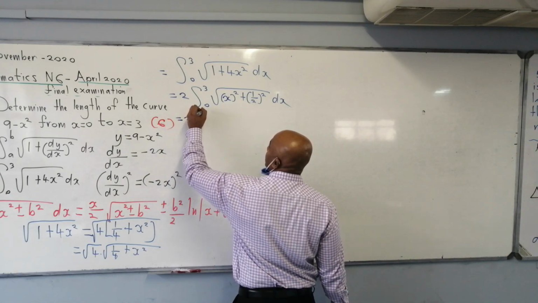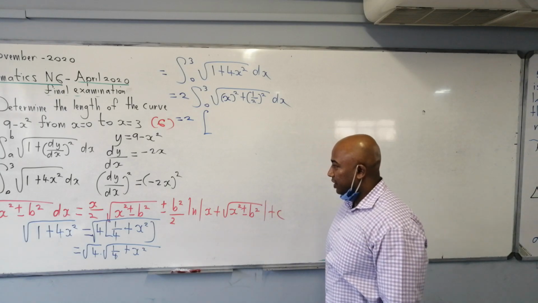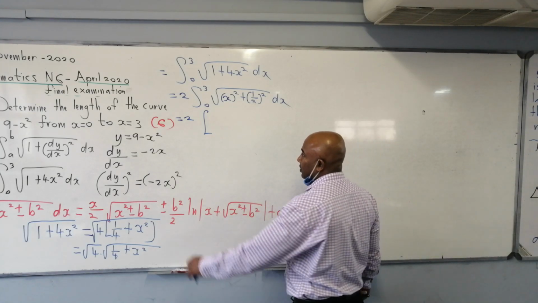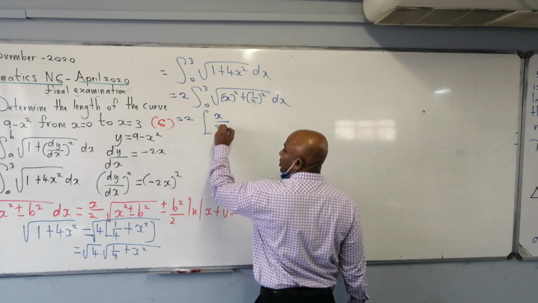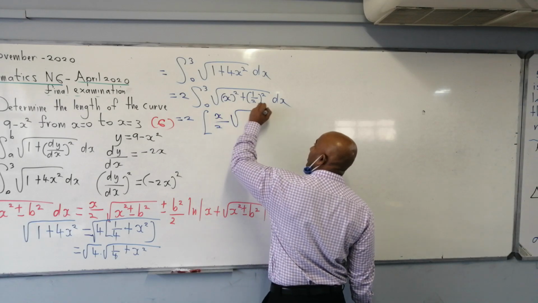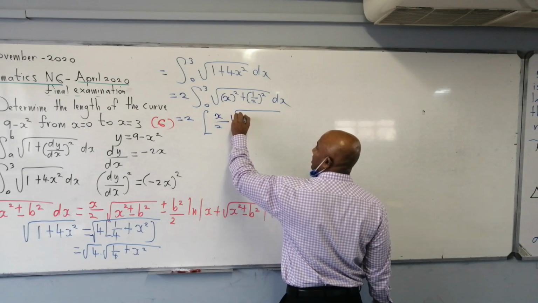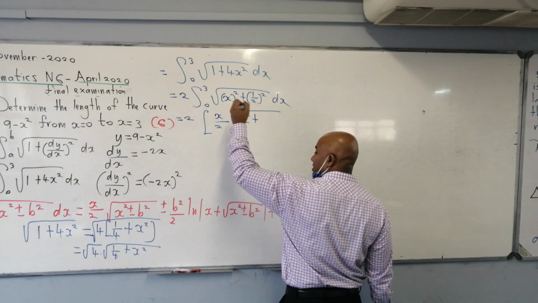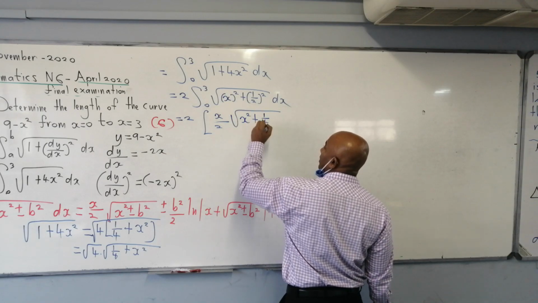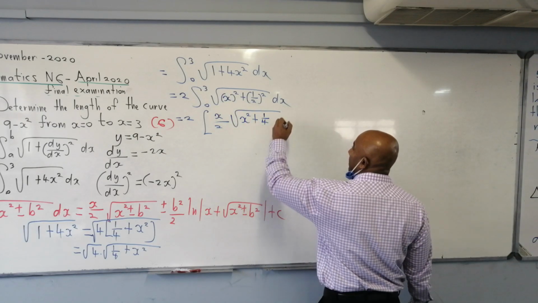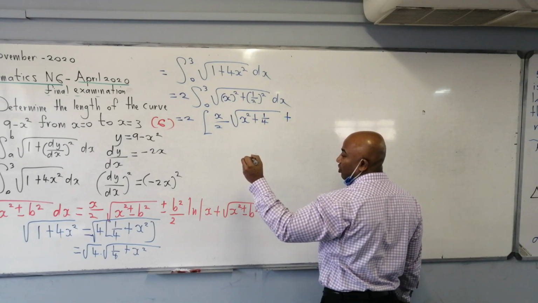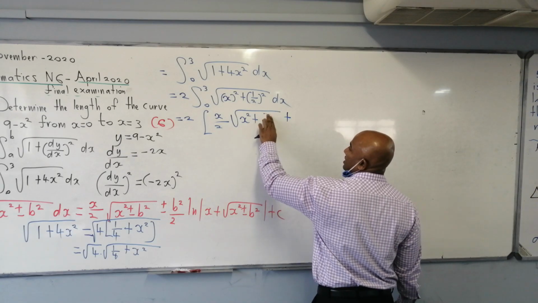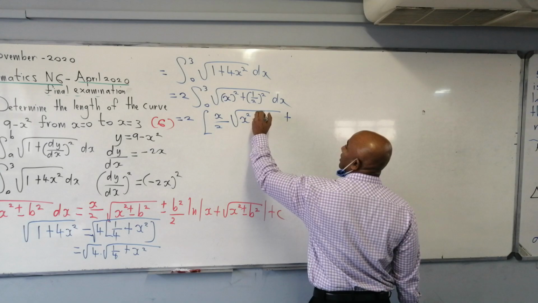So that's going to be 2. So what do we do? x over 2 times the square root of x squared plus b squared, which is 1 over 4, plus b squared over 2. Let me just write it as it is there, so you won't get confused.